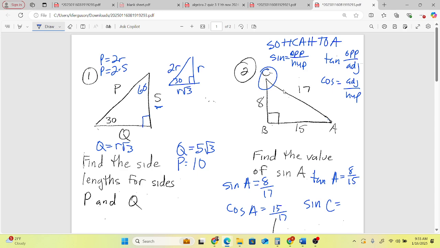So sine of C, opposite, that's 15, over the hypotenuse, that's 17. And the reason I did that is because I wanted you to see that if we pick a different point of reference, cosine and sine could have the same value. So they both are 15 over 17, okay?